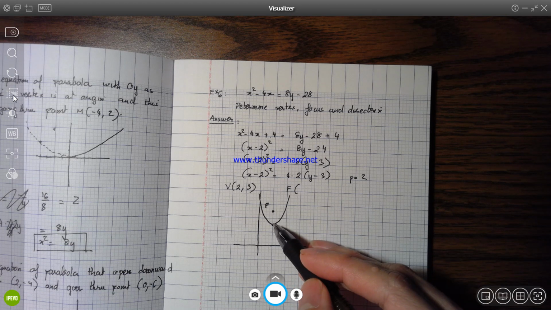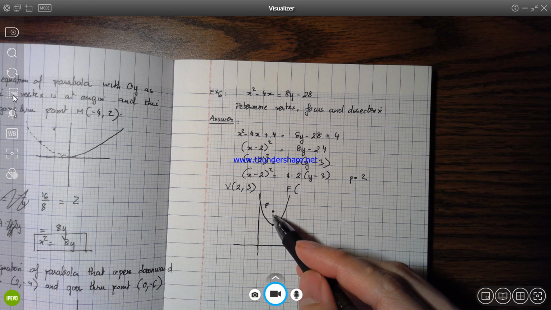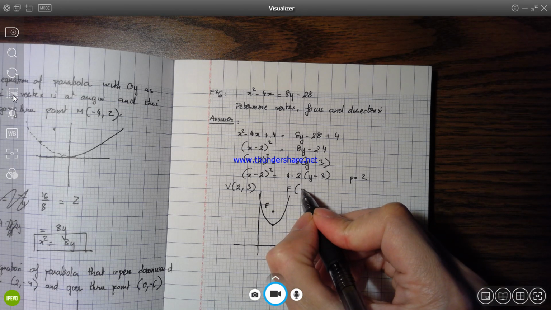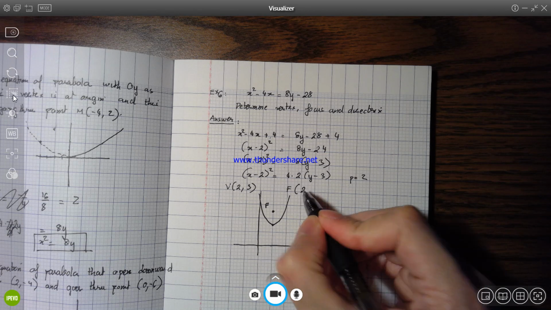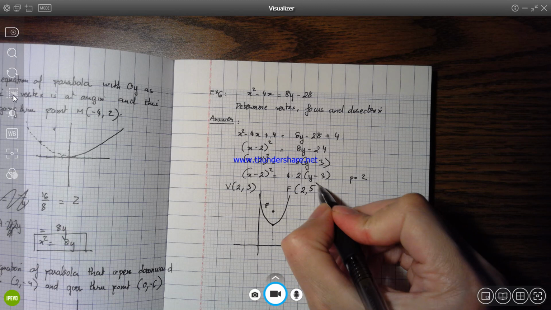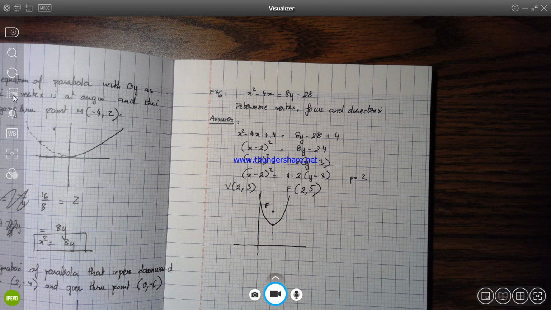It means I can write the coordinate of the focus as 2 and what? 1, 2, 3, 4, 5. 2, 5.